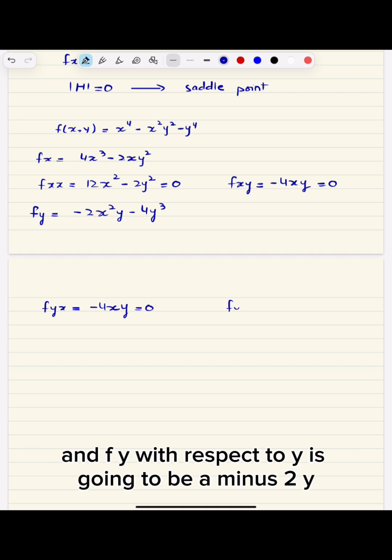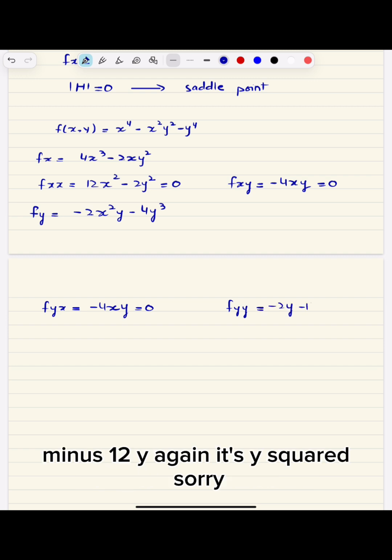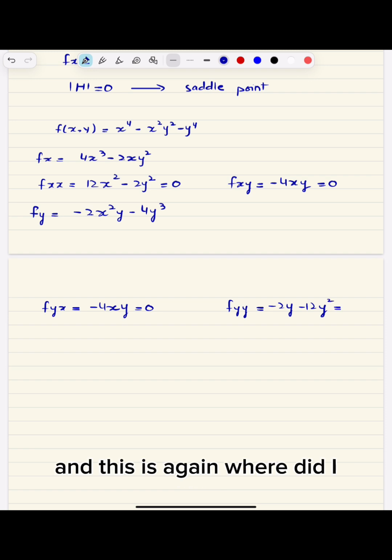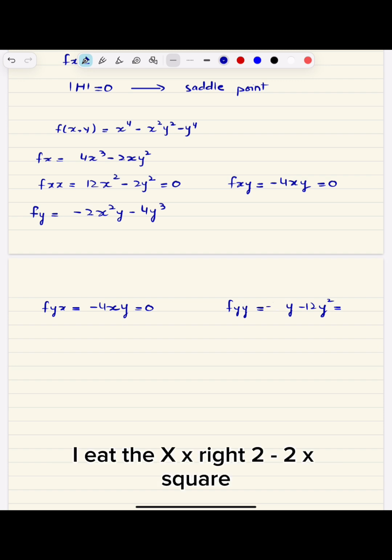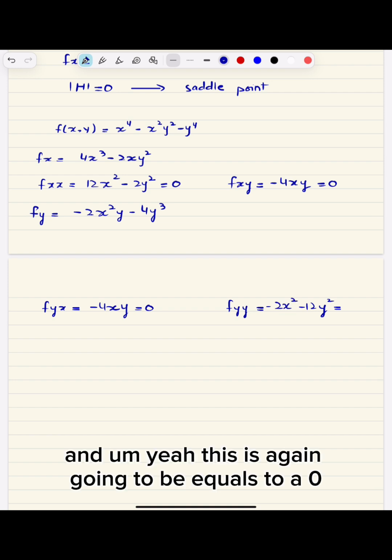And f_yy is going to be minus 2x squared minus 12y squared. And yeah, this is again going to be equal to 0.